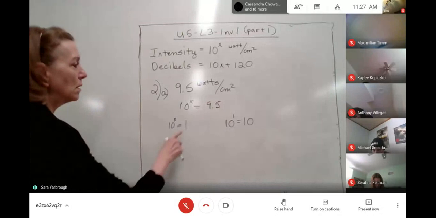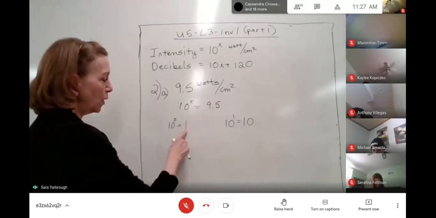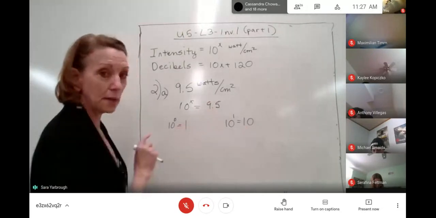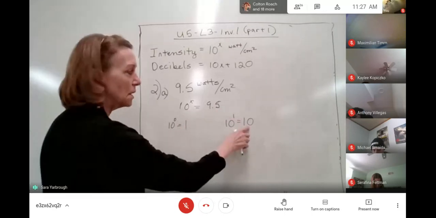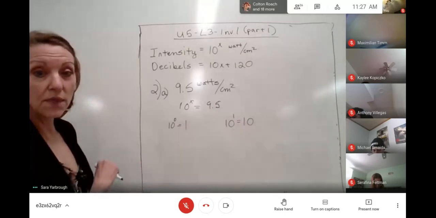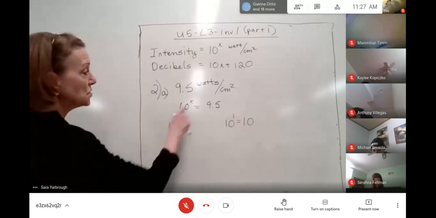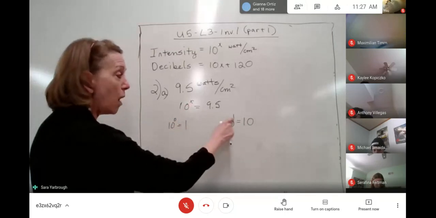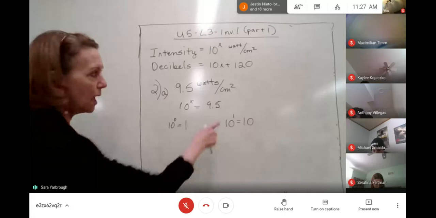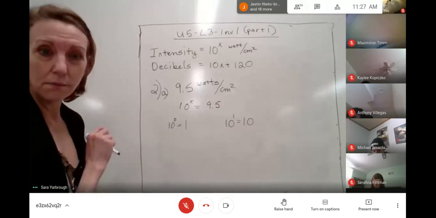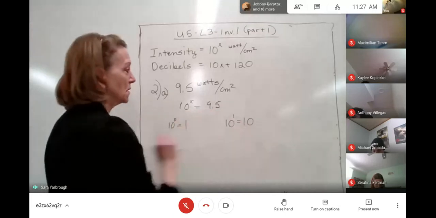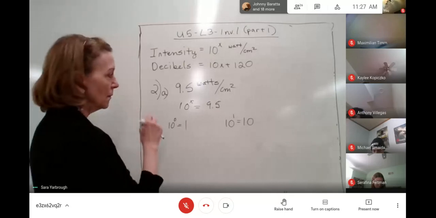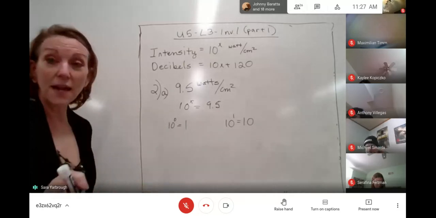Well, 9.5 is between 1 and 10, right? But it's a whole lot closer to 10 than it is to 1. So my exponent is going to be between 0 and 1, but probably a whole lot closer to 1. Okay, so use that as a clue.